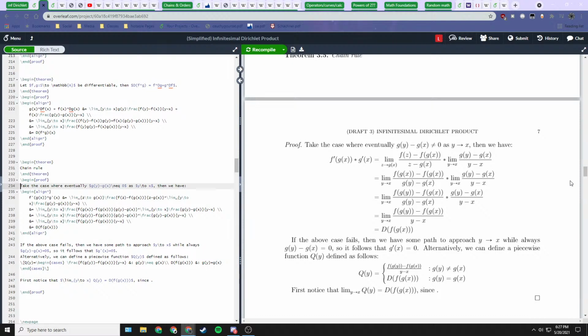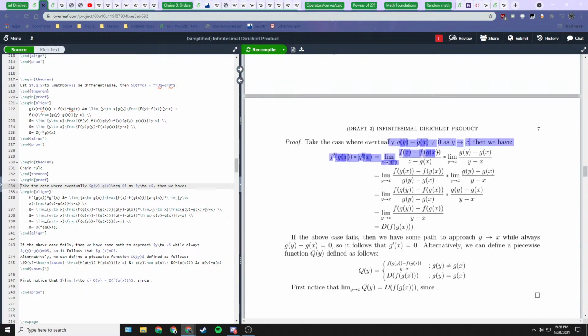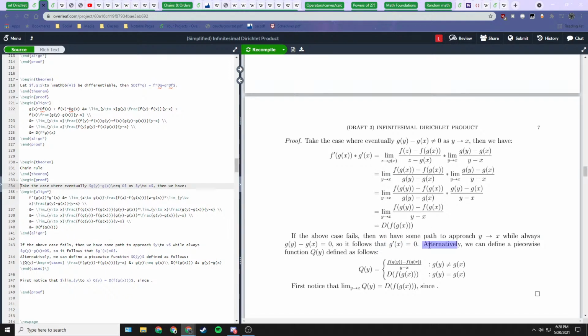But yeah, if this fails, then we don't eventually always have g of y minus g of x non-zero. We have to have some path to approach y going to x which always has this equaling 0. Since this is just the numerator of the difference quotient, it follows that g prime of x is just 0.